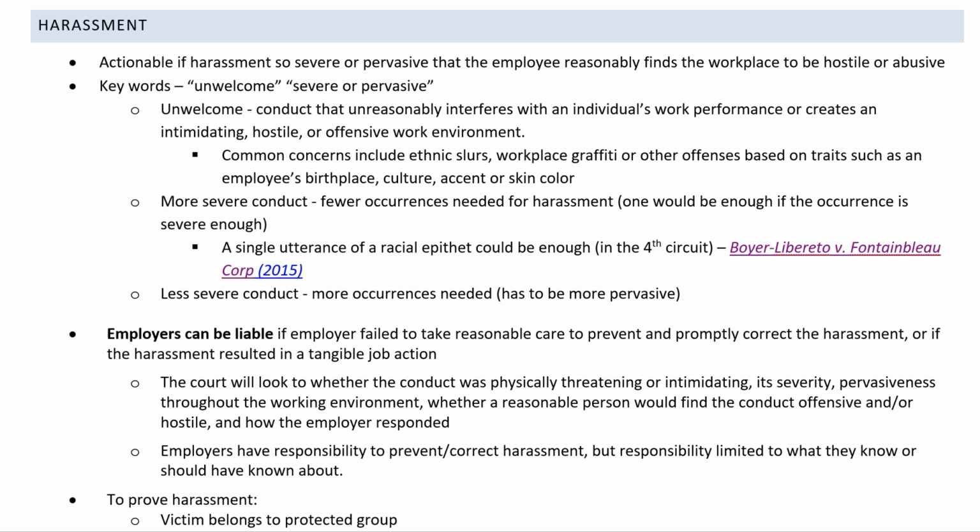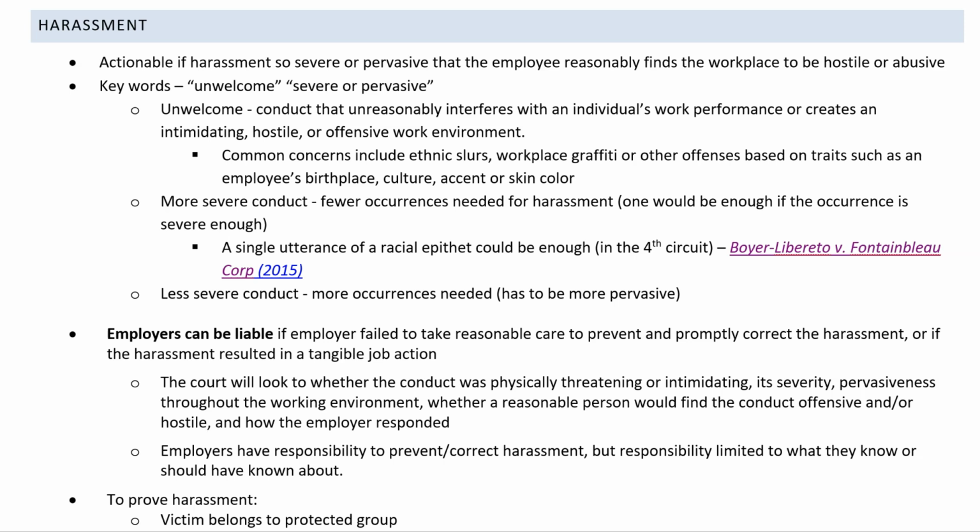So harassment is actionable if it's so severe or pervasive that the employee reasonably finds that the workplace is hostile or abusive. Key words here being unwelcome and severe or pervasive.